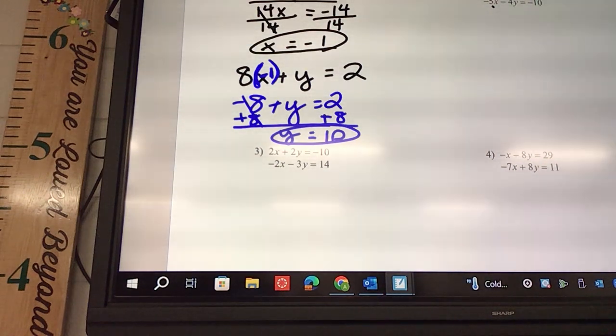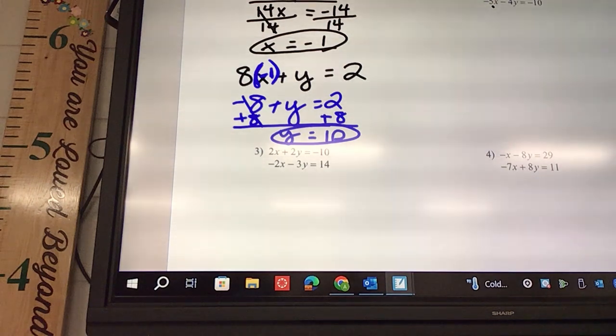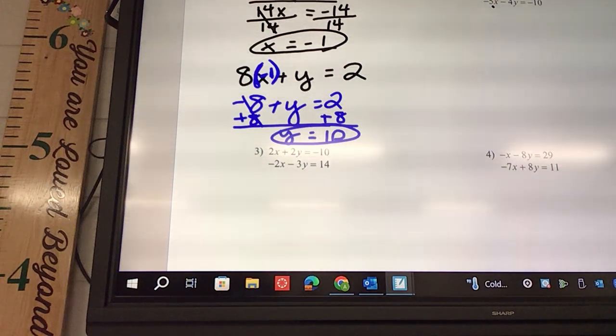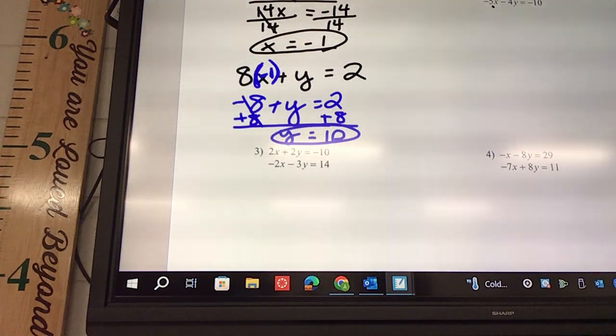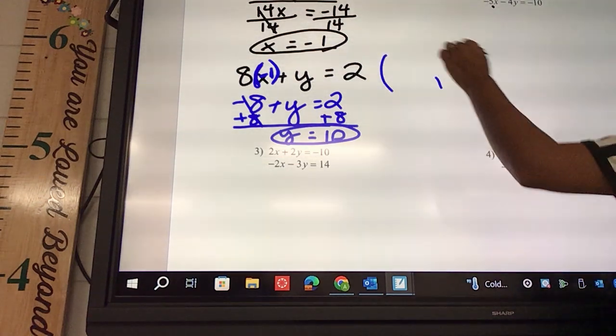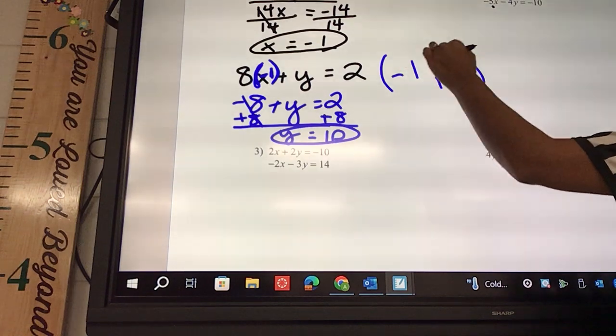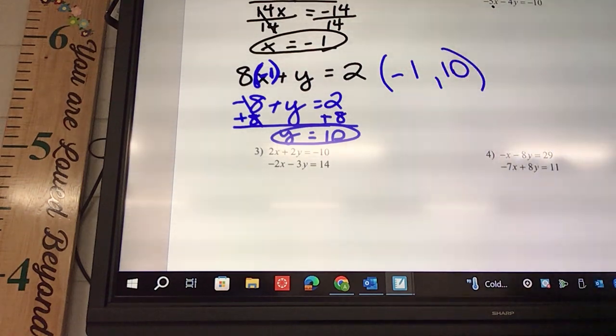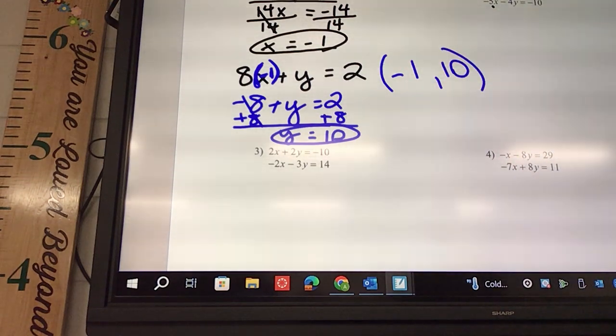No. Why not? Because you have to put the x and the y together in a coordinate. Which one comes first? The x, so -1 and then the 10. So that's our final answer.